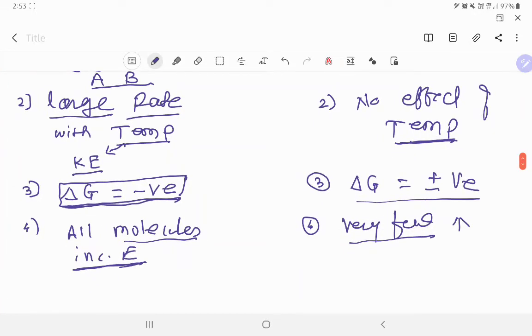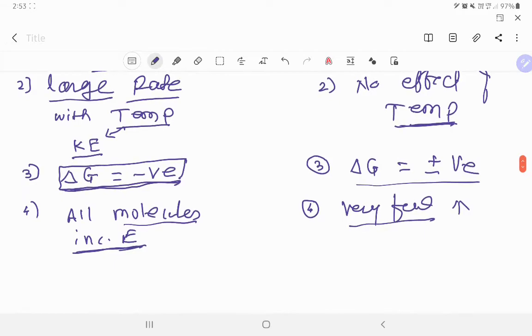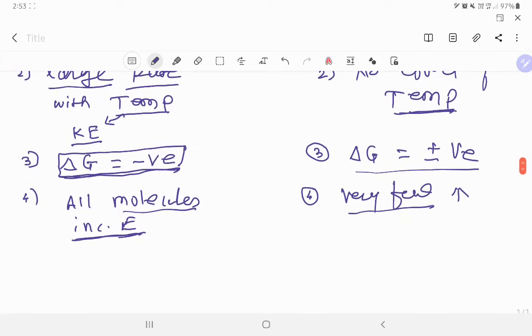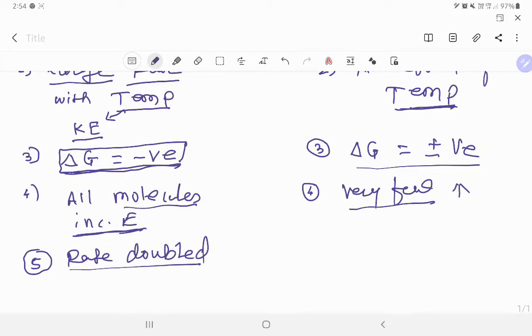Next factor: in case of thermal reaction, the rate is almost doubled by a 10 degree rise in temperature.